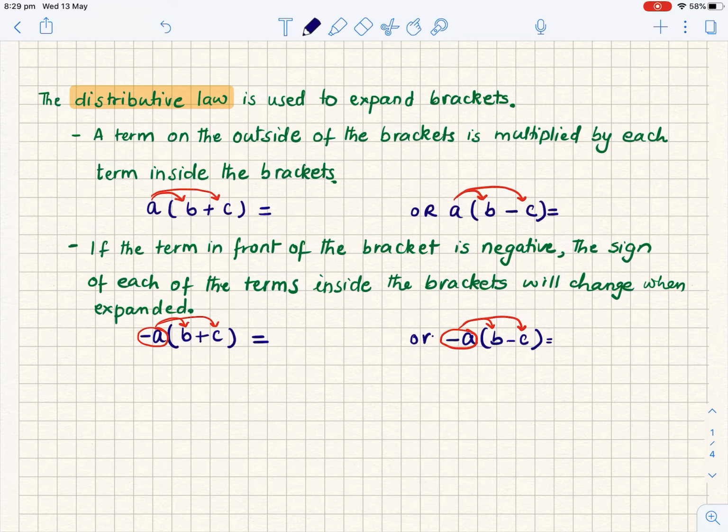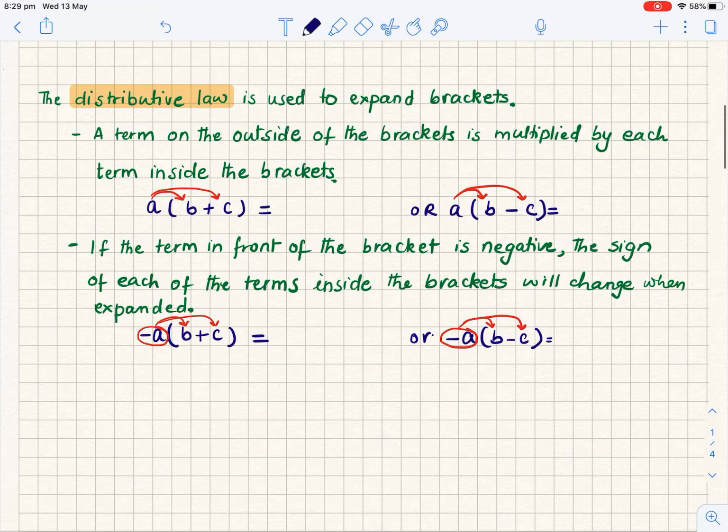So for example, if A is multiplied with B plus C inside the bracket, A times B gives AB, then plus, you take it from B plus C, so A times C is AC. In this case, if A is multiplied with B minus C inside the bracket, A times B is AB, take the minus sign from the bracket, A times C, AC.